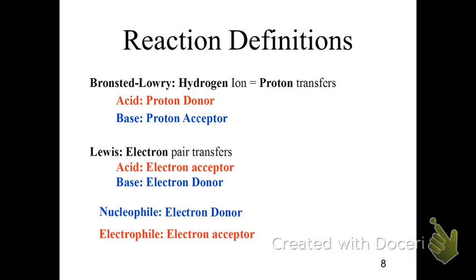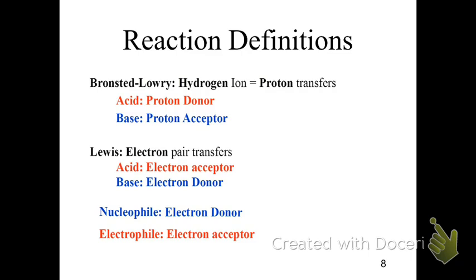Okay? So some of the things that you need to be familiar with, in theory you guys are already familiar with these, but just in case, you get your standard reaction definitions. If you can go through and identify in any given reaction these definitions, or at least one of them, that helps you out a lot. Because if you've identified one of them, what's it going to react with? The opposite.